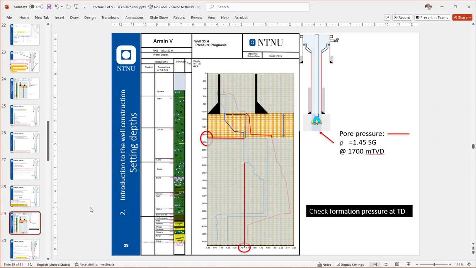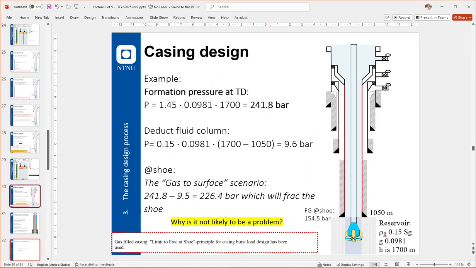There is one point here. If you check what the pore pressure is at the bottom of the section, you'll find that it could give you a maximum pressure of 242 bars approximately, and a gas bubble theoretically could do some damage there. But what happens is that you will get a small frac at the shoe. It's not going to be a problem as such. Why?